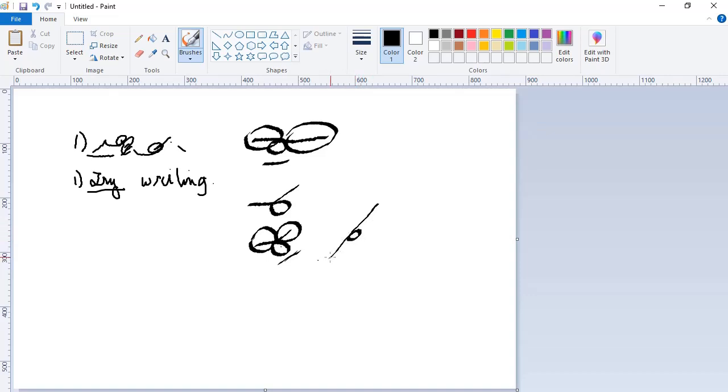So we have did: a slanting line here and a slanting line there, so your circle is down.